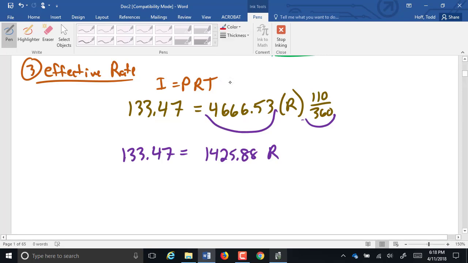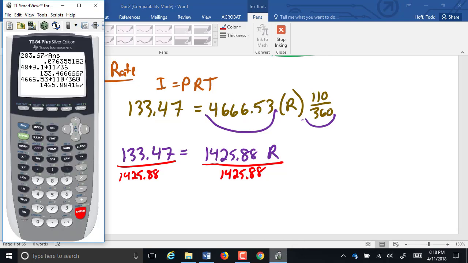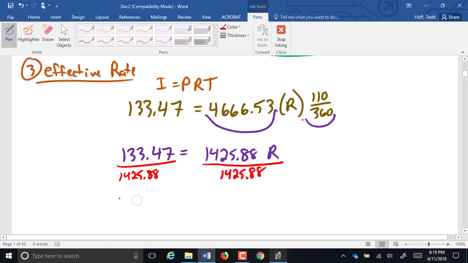So then my next step is to divide it. Very good. So we've got 133.47 divided by that previous answer, 0.093605.